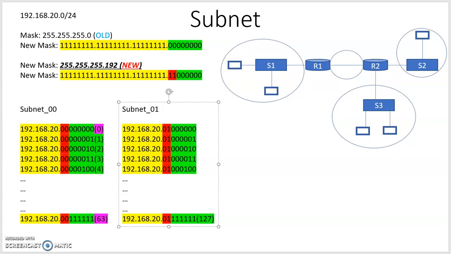So what number is this? 0, 1, and then 6 zeros. So this is 64. Then this must be 65, this must be 66, this must be 67, this must be 68, and so on.